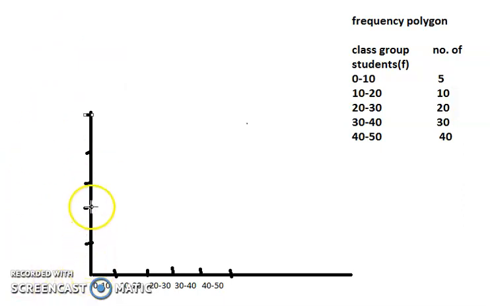This is 0, this is 10, 20, 30, 40, 50. Now you need to draw the bar diagram.